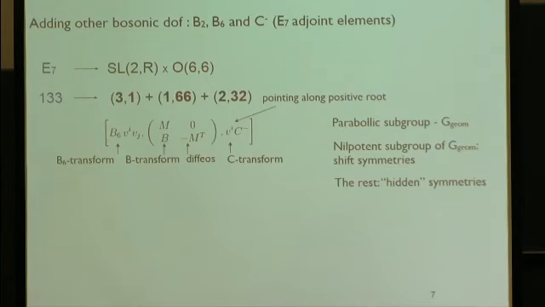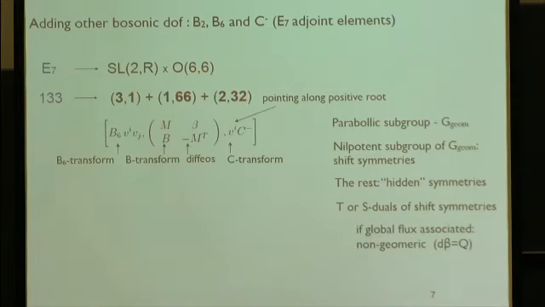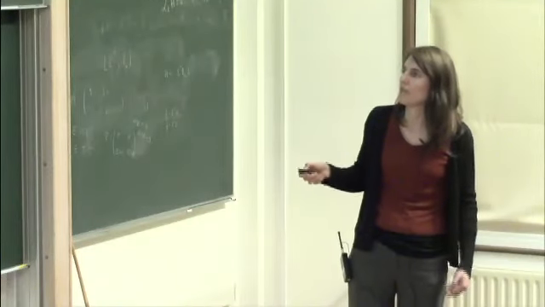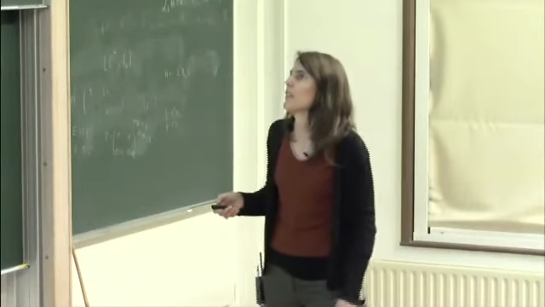And then the rest are the hidden symmetries, which were called hidden symmetries, I think, by the supergravity people. These are just T or S duals of the shift symmetries. In particular, for example, this beta that Magdalena talked about, which is a T dual of B. And if this sort of hidden symmetry has a global flux associated, then these are the non-geometric backgrounds.